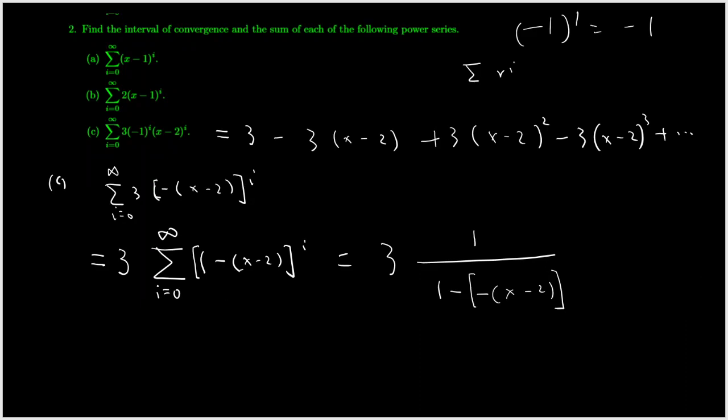Of course, you need to give the interval of convergence. So this thing is true when your r, negative x minus 2, is in between negative 1 and 1, right? And it diverges otherwise.